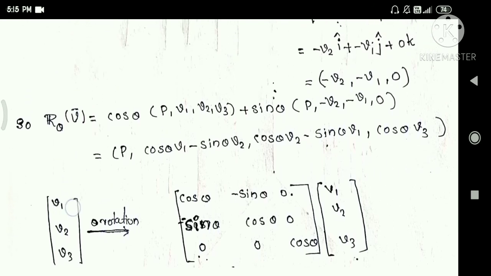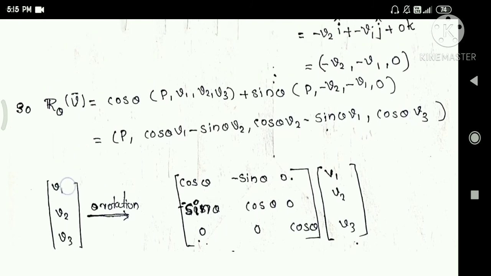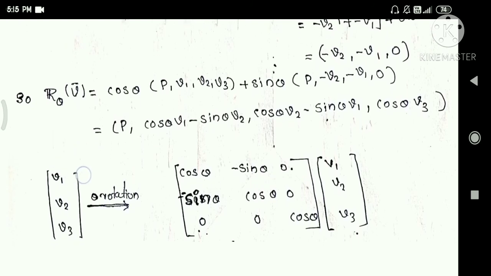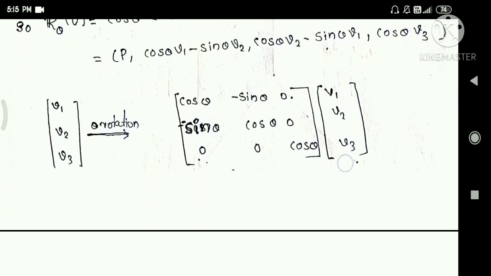That is, the vector obtained by rotating this vector v1, v2, v3 through an angle theta is equal to the matrix cos theta, minus sin theta, 0, sin theta, cos theta, 0, 0, 0, cos theta, into v1, v2, v3.